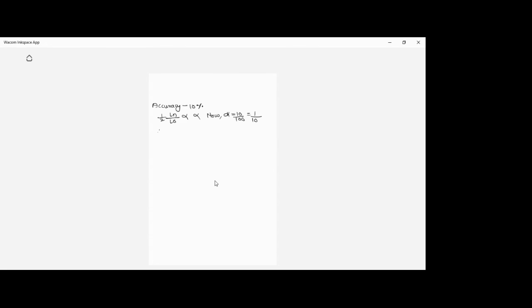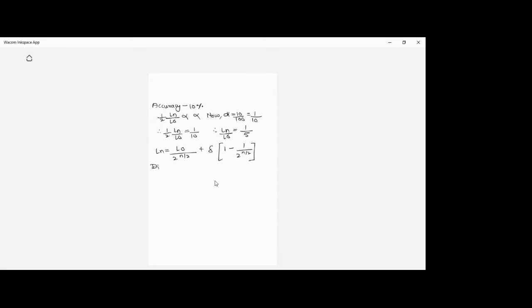Again, therefore we can write 1 by 2 ln by L0. It is directly proportional, so I can write it is equal to 1 by 10. Therefore ln by L0, if I have to find out, comes out to be 1 by 5. Now there is another formula where ln is equal to L0 into 2 raised to n by 2 plus delta into 1 minus 1 by 2 raised to n by 2, right?